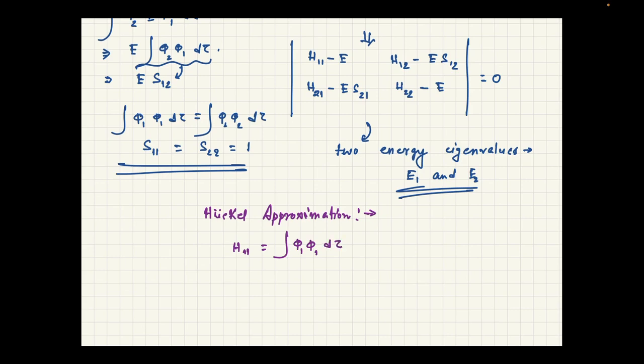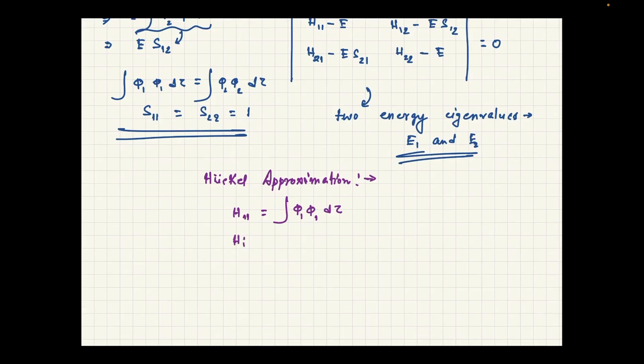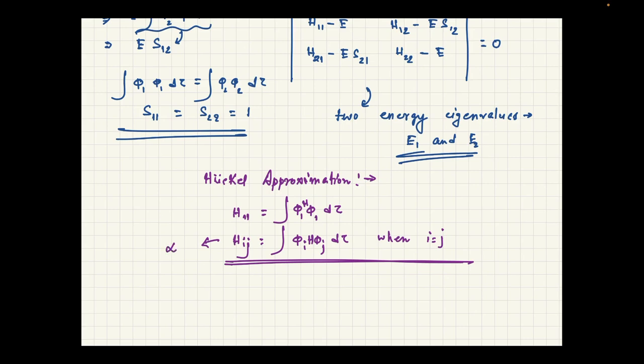like this type of matrix element, in general Hij, the integral of phi i H phi j d tau when i equals j. This type of element is the energy of the phi i atomic orbital, and this will be denoted by alpha i.